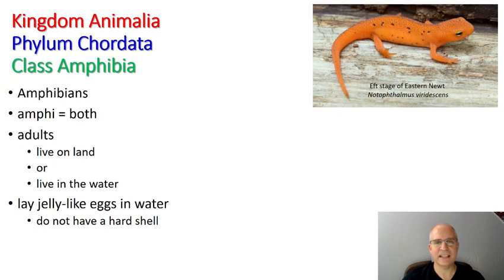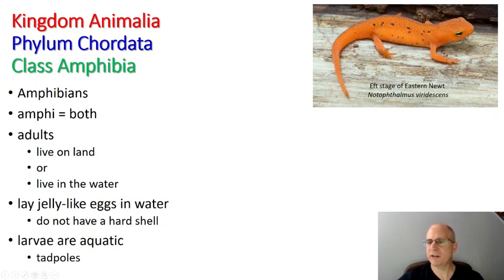So amphibians are going to lay jelly-like eggs in the water, so the eggs are not going to have a hard shell around them. And the larvae are going to be aquatic. And here's a really neat example. If we look at the eastern newt that we see here. An adult female eastern newt is going to lay her eggs, which are fertilized by the male, in the water. The eggs develop and then they hatch into a larva, and the larva has to live in the water.